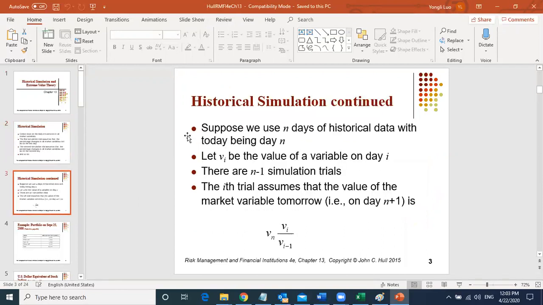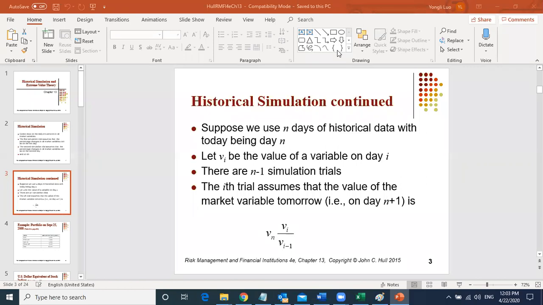The first thing we want to see is, if you do the historical simulation, how are you going to do that? Basically, you choose the value of day n. You have a series of data, and the last one is day n, the total number of observations.